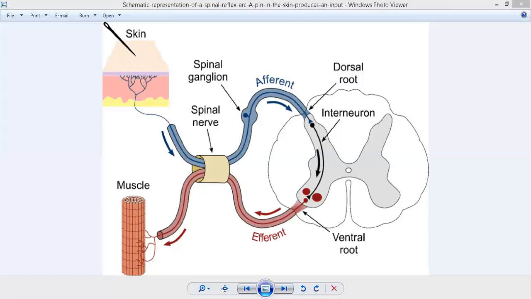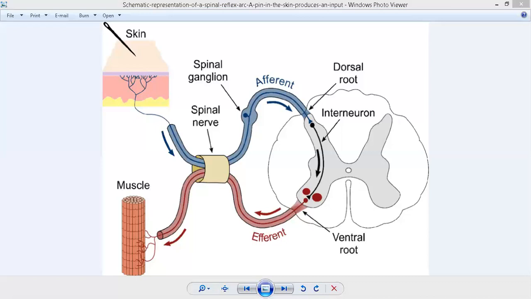They are different. Posterior and anterior nerve roots are always sensory and motor respectively. But the rami are mixed. Okay, and also rami communicantes are part of the preganglionic sympathetic nerve fibers, and we will discuss it in the autonomic nervous system.